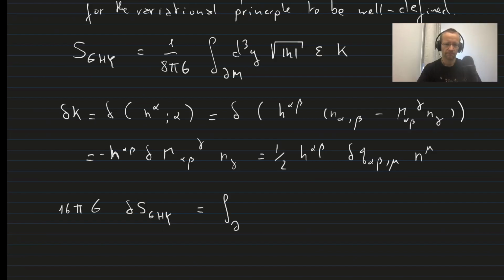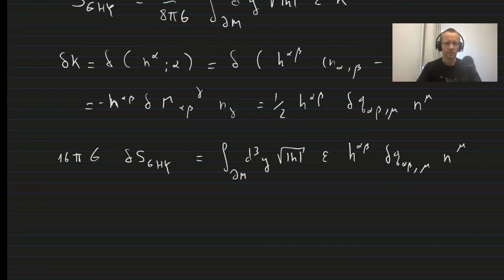The boundary manifold remains fixed, as do the coordinates, as does the boundary metric, as does epsilon and n. So we only have the variation of the extrinsic curvature trace, which is equal to h alpha beta delta g alpha beta mu and mu.